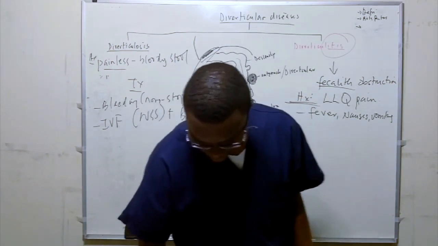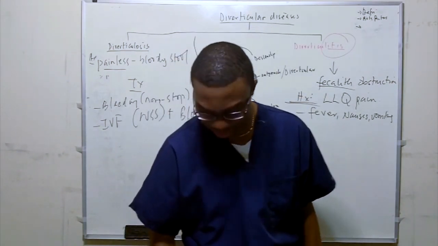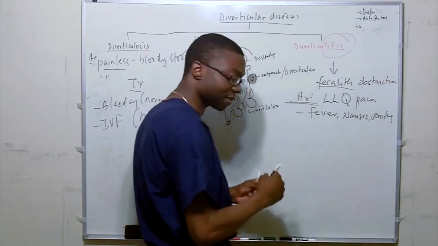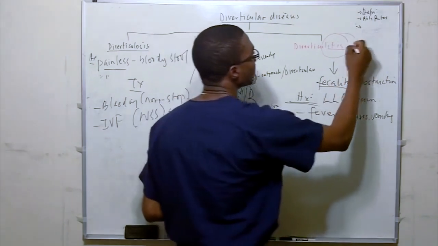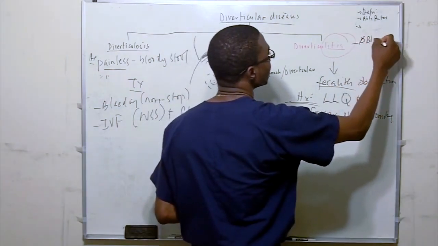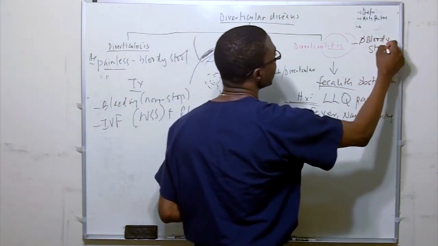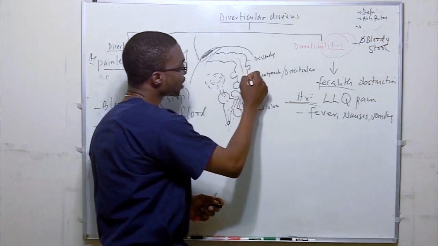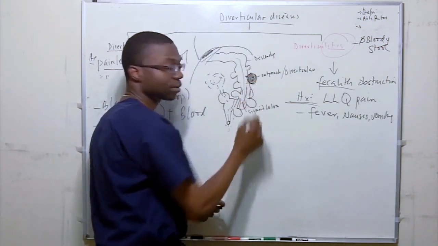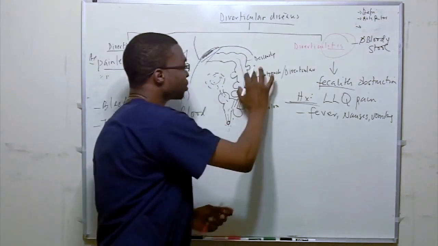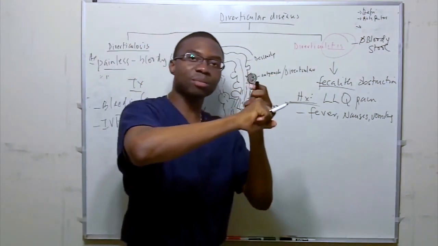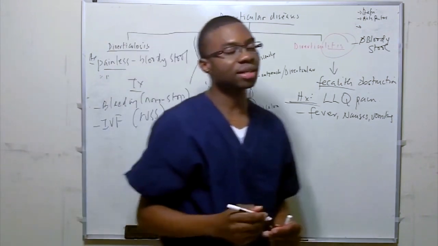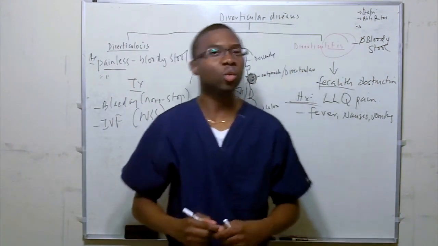So in diverticulitis, there's no blood. No bloody stool. Because the fecalith is obstructing, all those blood vessels that penetrate, the obstruction distends and blocks the blood flow. All of a sudden, it causes inflammation. This guy gets a lot of pain. So you want to know that.